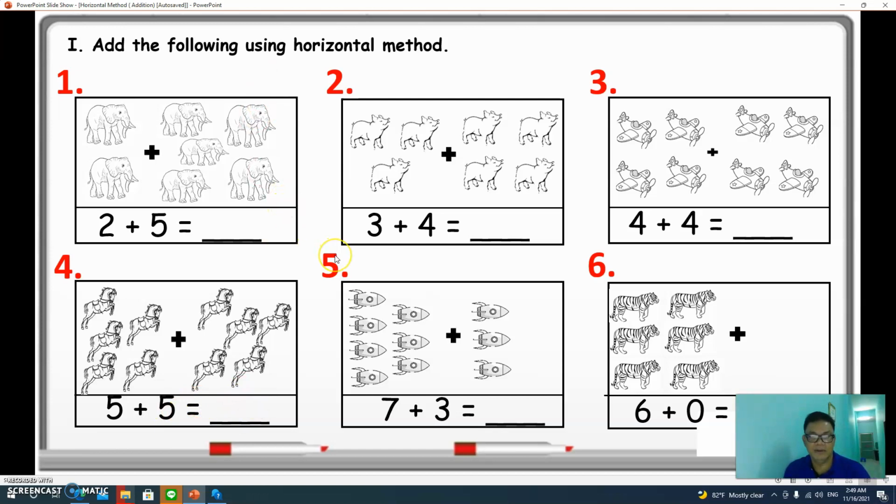Number 5. What is it? It is a rocket. 1, 2, 3, 4, 5, 6, 7. 7 plus 3 equals 1, 2, 3, 4, 5, 6, 7, 8, 9, 10.